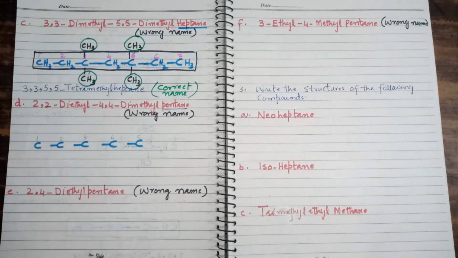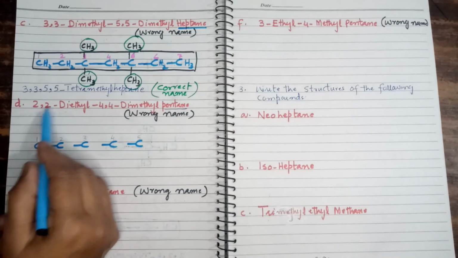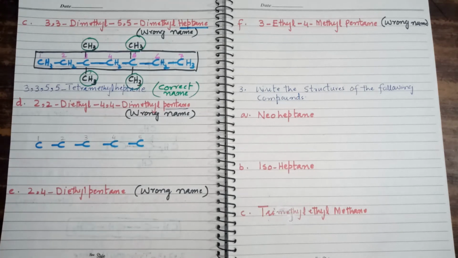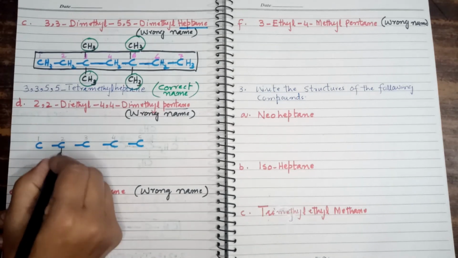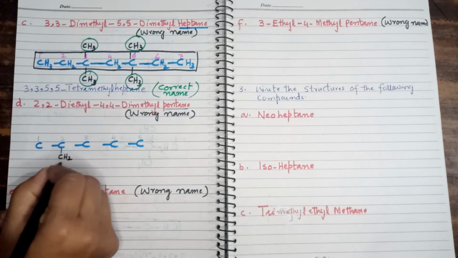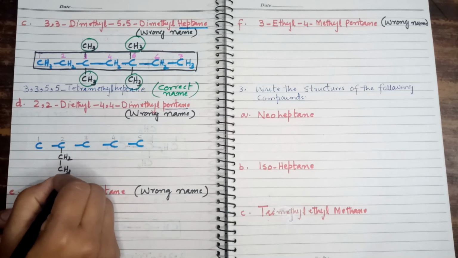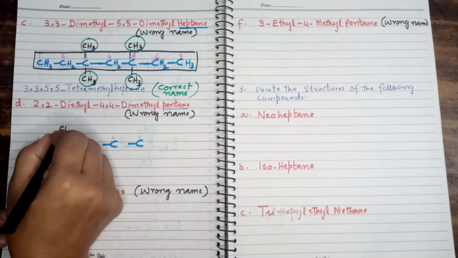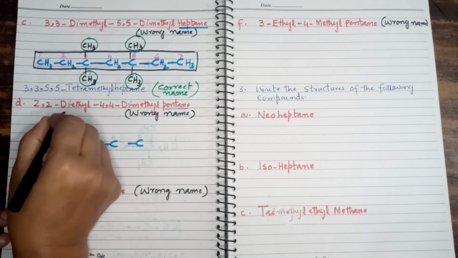Now it is clear that 2,2-diethyl. With the second carbon, 2 ethyl radicals are attached, right? So we attach 2 ethyl radicals with the second carbon, CH2, CH3. The second ethyl radical is also attached with the second carbon, CH2, CH3.